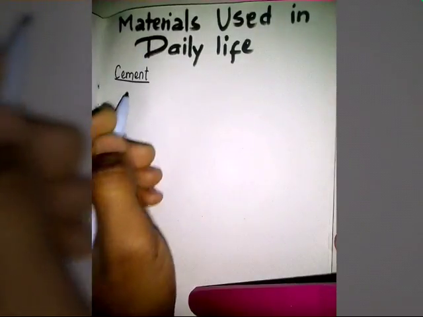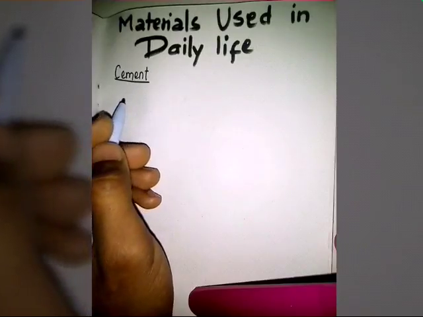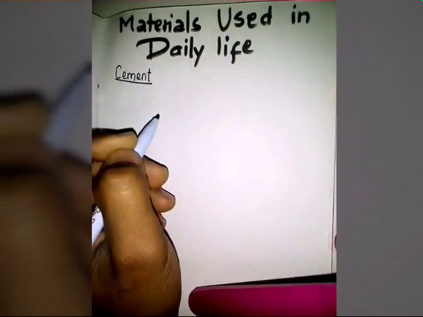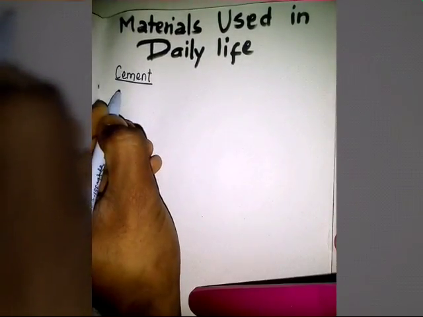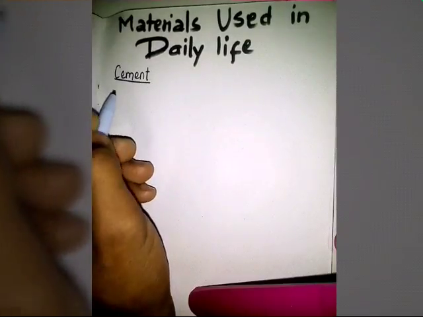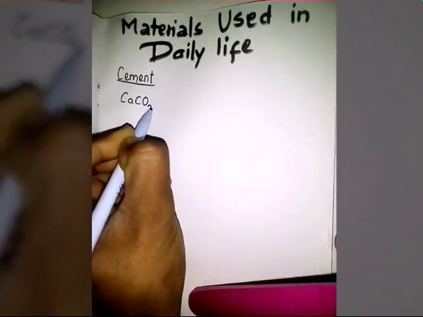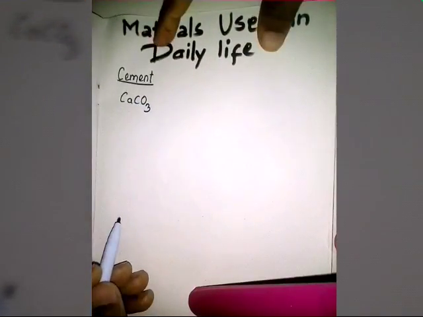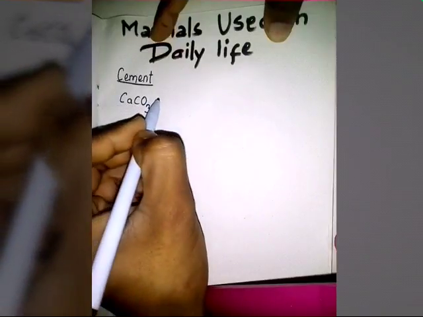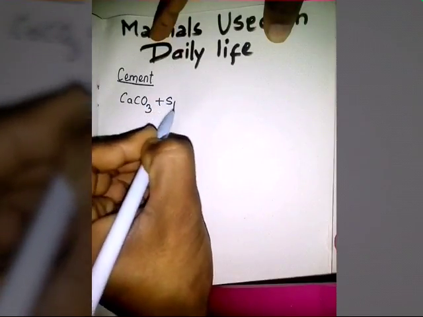So let's talk about cement. To make cement we need two important raw materials: limestone, and you know the form of limestone, that is CaCO3, calcium carbonate. And the next one we need is a special clay.